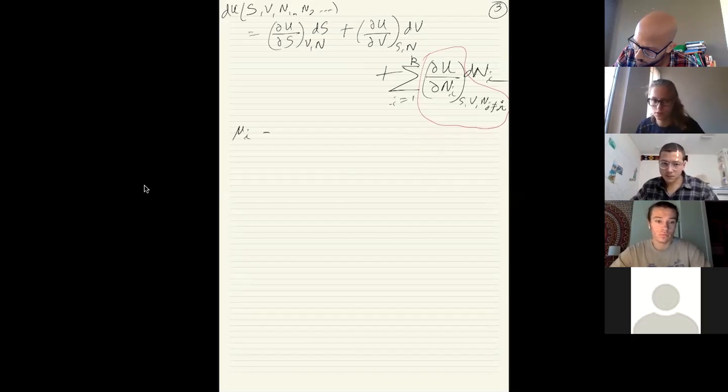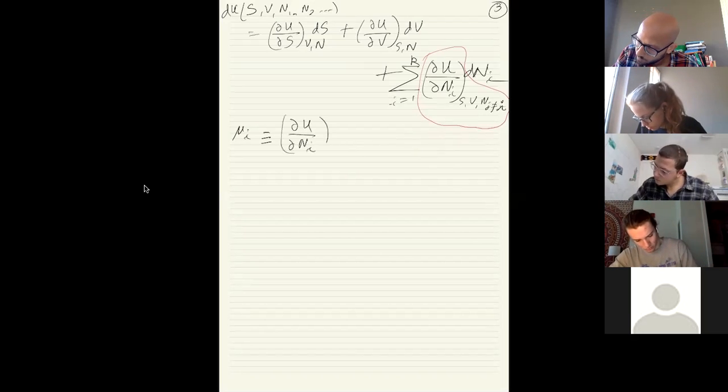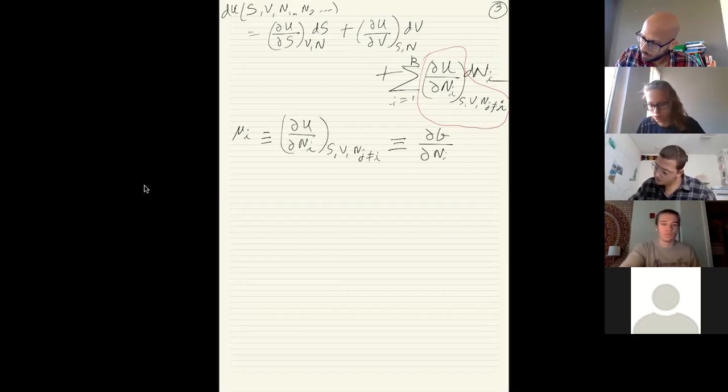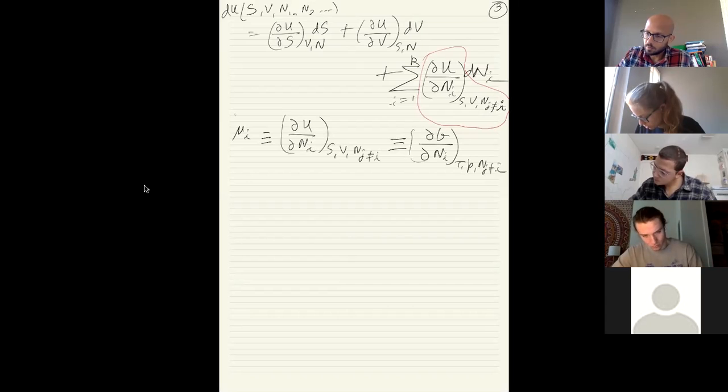So the chemical potential could again be defined as partial U by partial Ni at constant entropy and volume and all Nj not equal to i. And this is exactly the same as partial G by partial Ni at constant T, P and Nj not equal to i. This is something which is important.